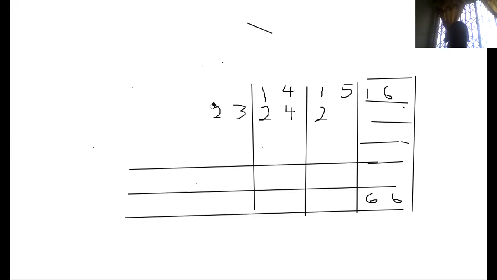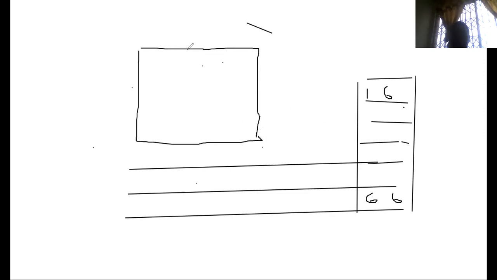I think I have space now. Okay, so let me just draw. Normally, in our set theory, we know that the square gives us our Venn diagram.